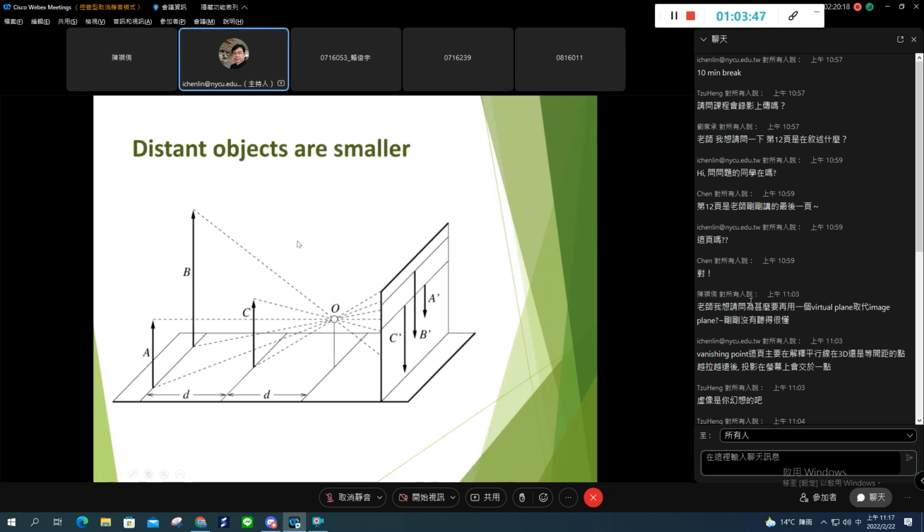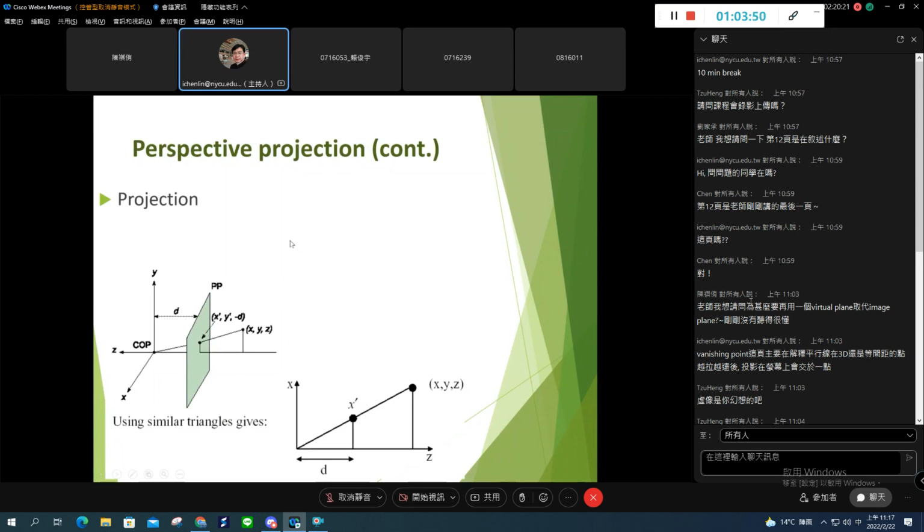So in the next class, we talk about the perspective projection, and I briefly remind you of the idea. If you would like to estimate the point P prime here, when you take a look at these two triangles, this one is for P prime and this one is for P, right?